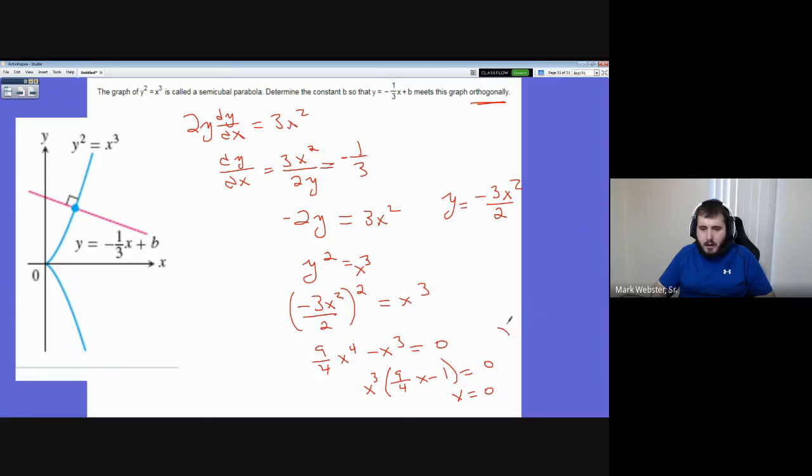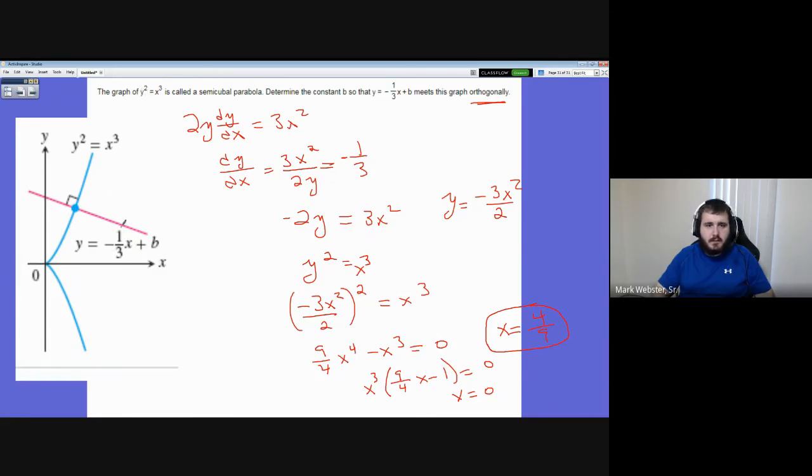Or x equals, if I solve for x here, 4/9. And if I were to do that, I would get 1/3, right? And I plug in y. So x equals 4/9.